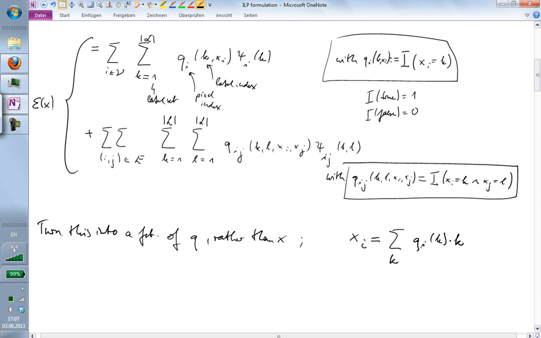And if exactly one of them is 1, then Xi will take the value K. And already this formula here tells me that if I want to write this as a function of Q, I will need consistency constraints. So we need to think of everything that could possibly go wrong if we now specify the Q's rather than the X's. So if you specify the indicator variables rather than the original random variables.